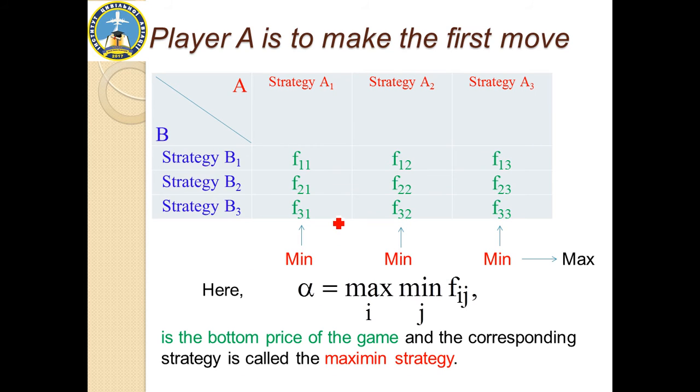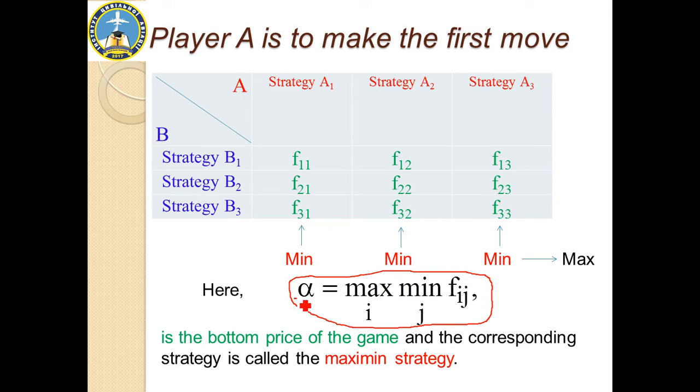Formally speaking, it looks like this. Player A analyzes the payoff matrix by finding the minimum across every column, and then picks the maximum of these three minima. So this formula just states this obvious approach.